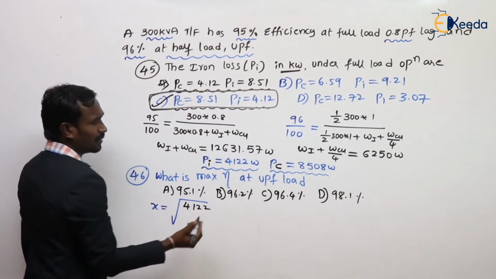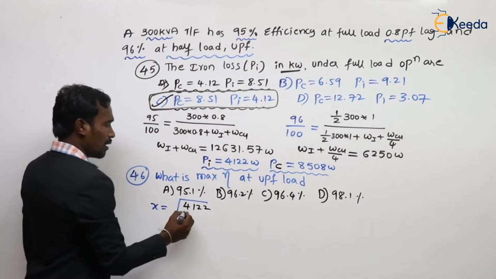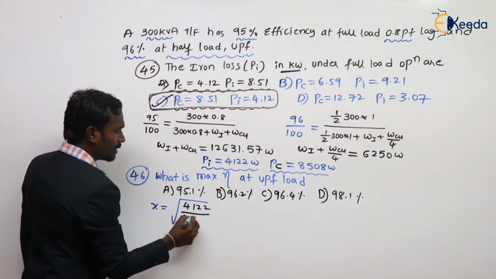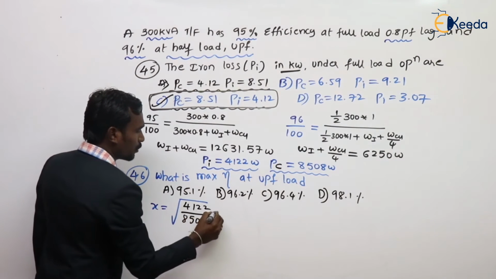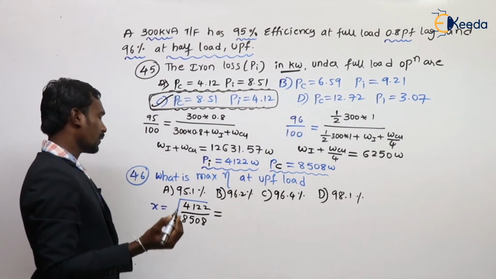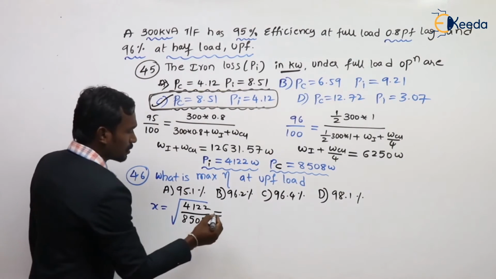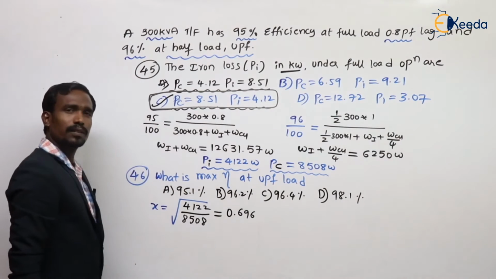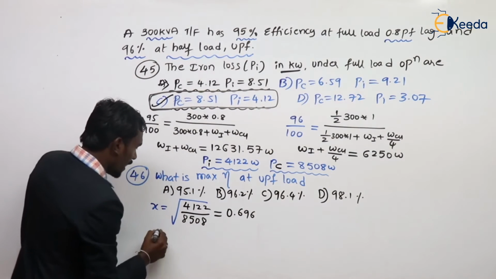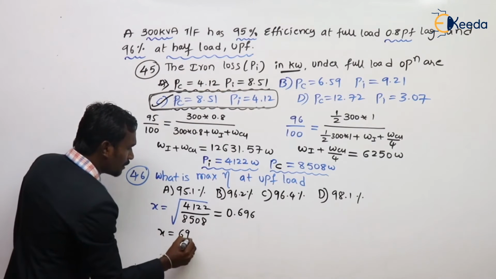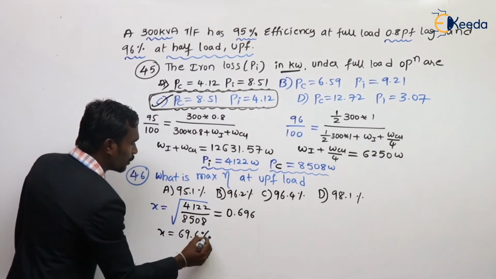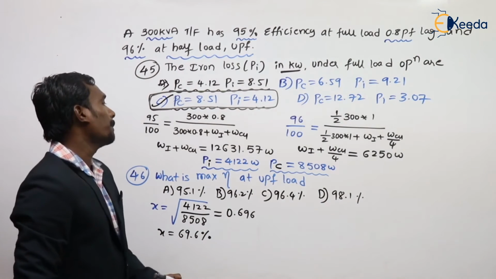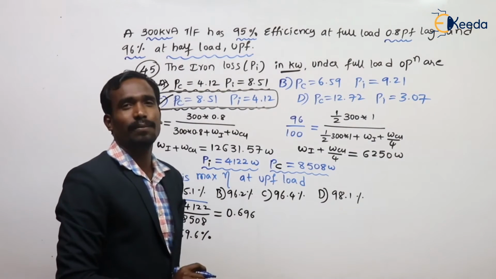Iron losses are 4122 by copper losses are 8508. If you solve this, you get 0.696. Nothing but at 69.6% of load, we can get the maximum efficiency.